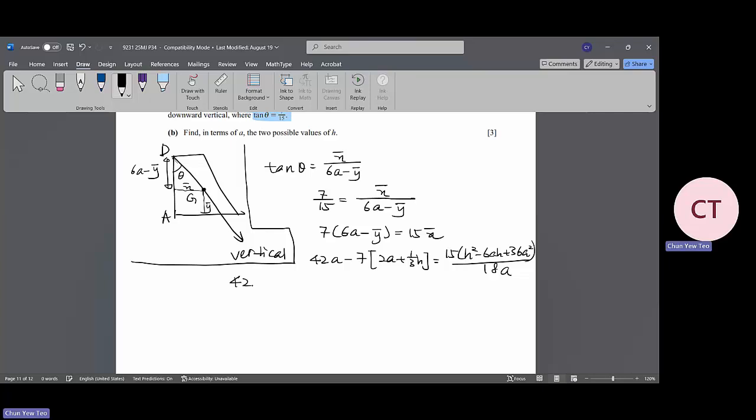I get 42A minus 14A minus 7/3H is equal to 5/6. I get 5H square minus 30AH plus 180A square divided by 6A. So I multiply everyone by 6A.